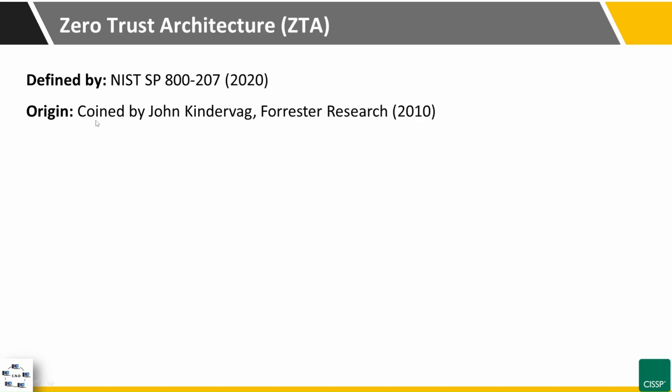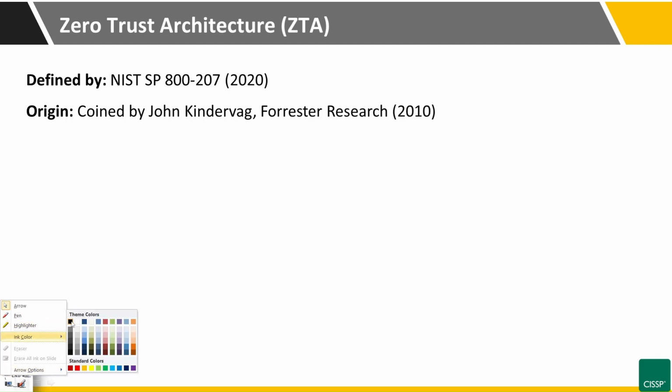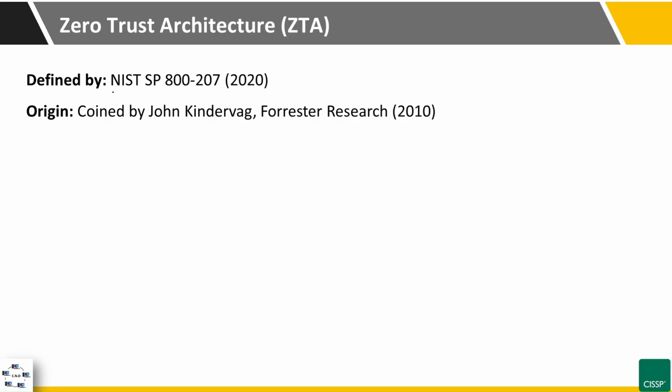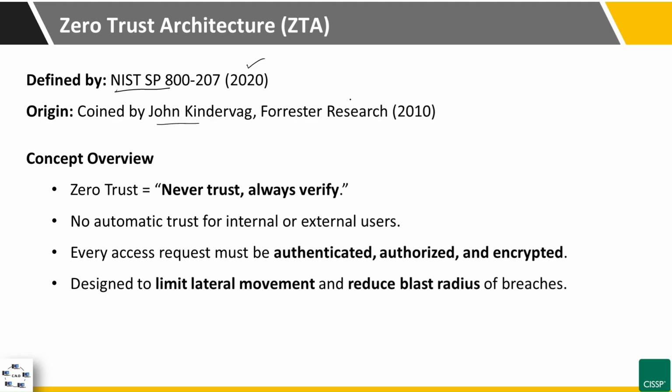So the next topic is Zero Trust Architecture or ZTA, an important topic. ZTA is defined by NIST publication 800-207 in 2020, and the term was originally coined by John Kindervag at Forrester Research in 2010.